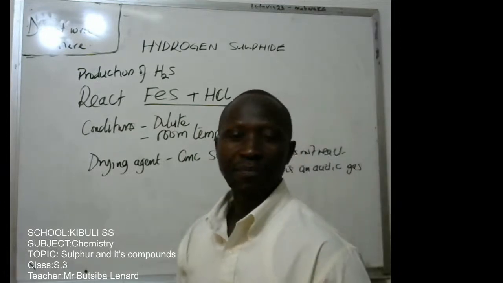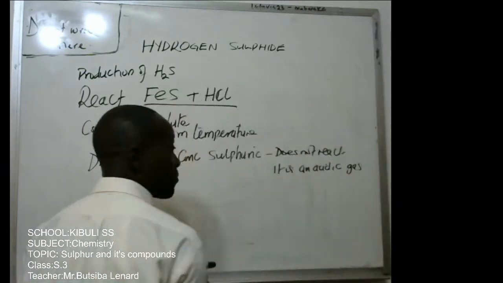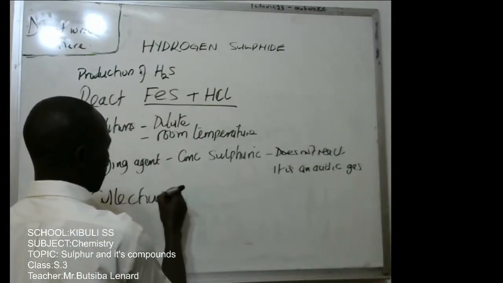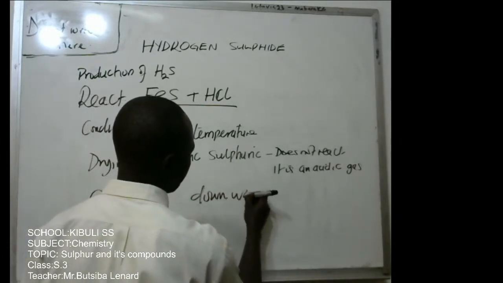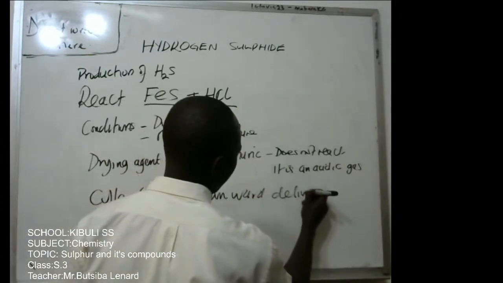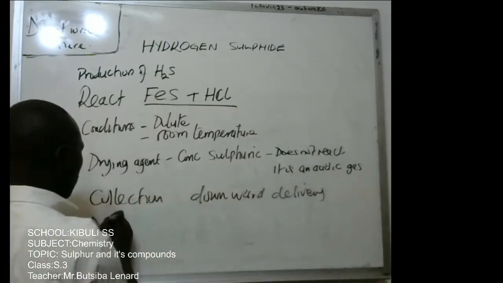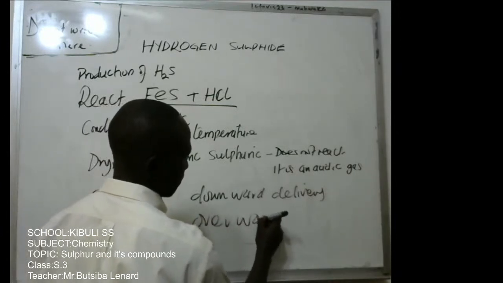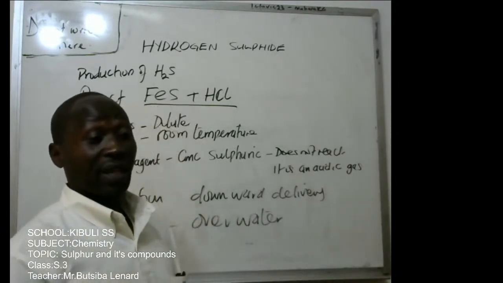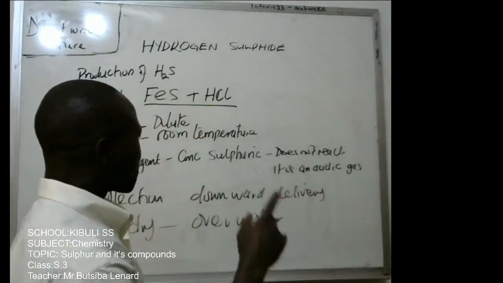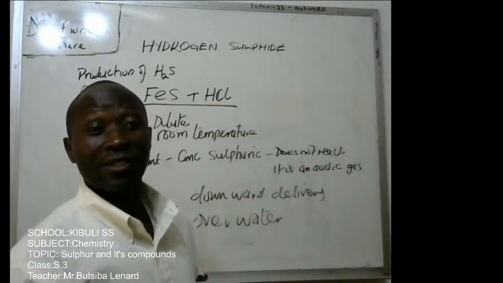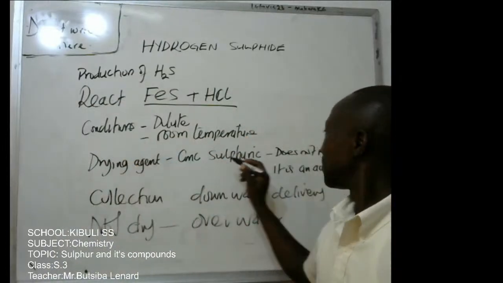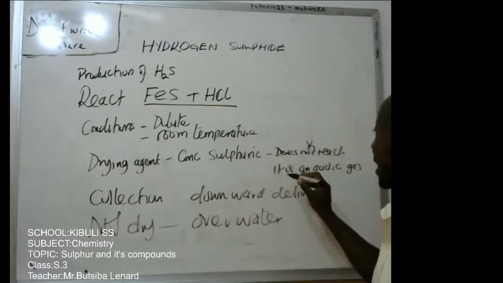If we wanted to prepare it, then the method of collection is supposed to be downward delivery. If not dry, it can be collected over water. Now that is what is expected of us. But because of the poisonous nature of the gas, drying is not wanted, collection is not wanted.